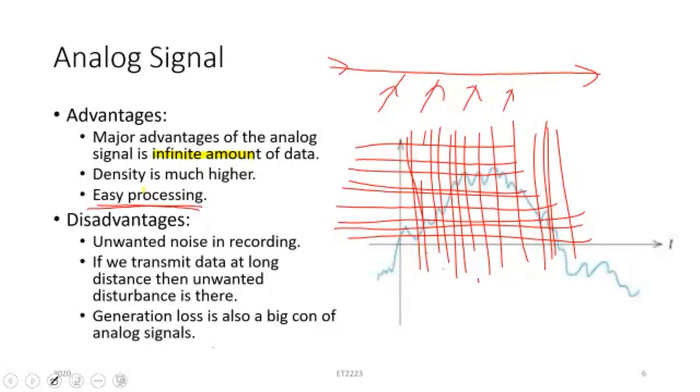Similarly, another bigger issue with sound as an example is that the longer the distance, the more the sound is going to get lost. So that is another observation when we think about analog signals.